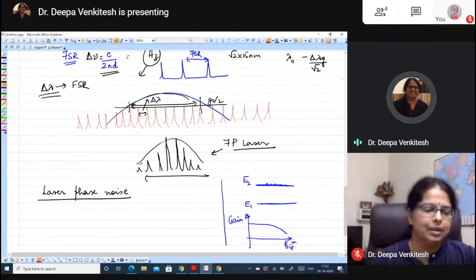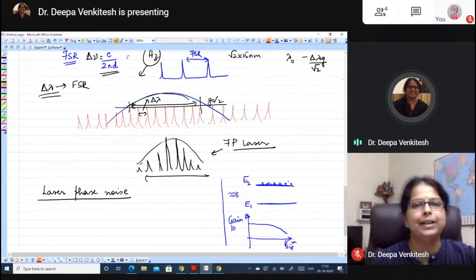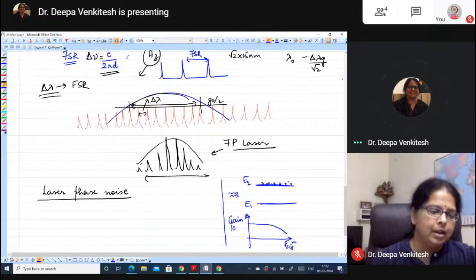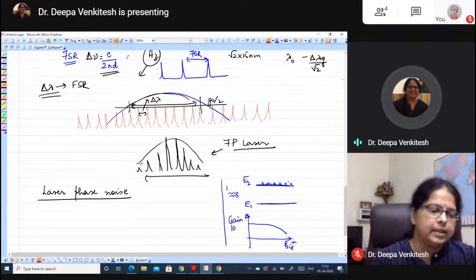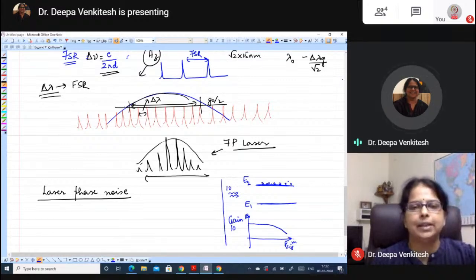It's actually very simple. If you go in with very few photons at the input, assume that there is enough population inversion in the system. Let's say I'm talking about a gain of 10, 10 dB gain. If I go in with, let's say, 10 photons, I'm just giving an example.